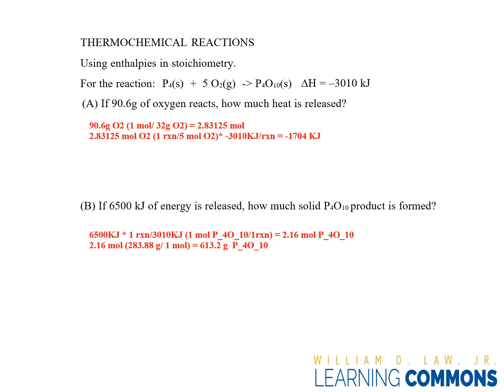We have two oxygens and I get the moles of oxygen, and this is the number of moles of oxygen reacting in one reaction. One reaction over the 5 moles of oxygen multiplied by the enthalpy.